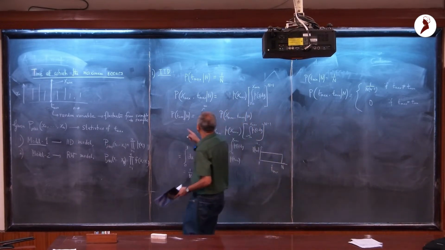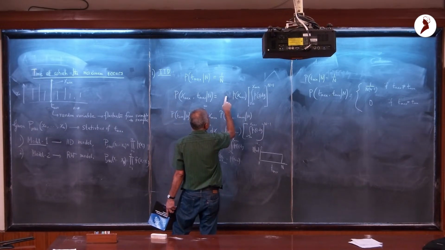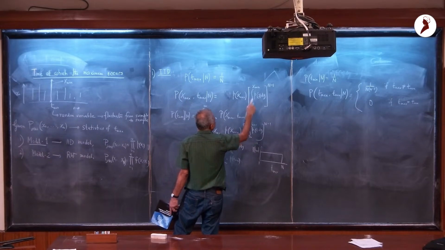Again, you write down the joint distribution of x max and x min. You put one guy as x max, one guy as x min, and this integral should be between x min and x max.